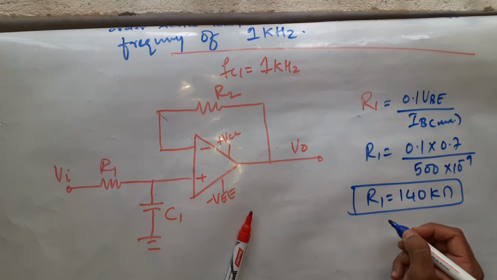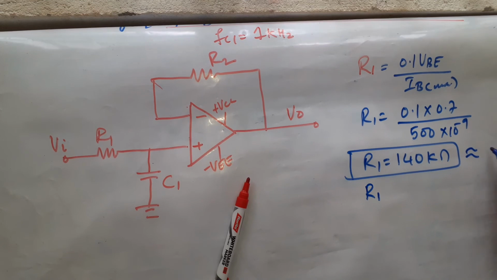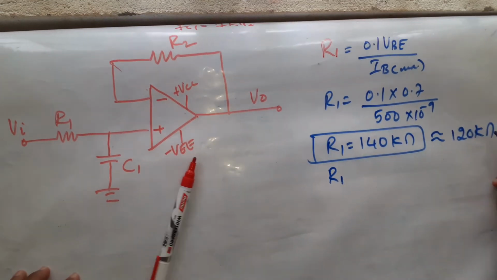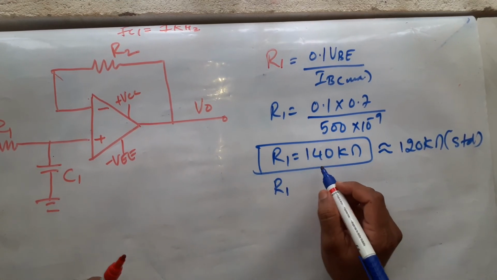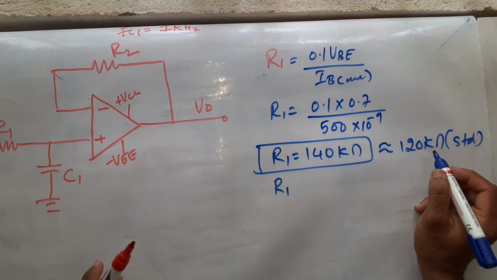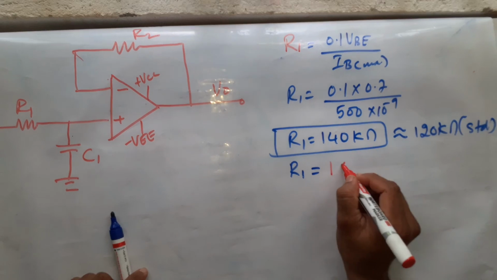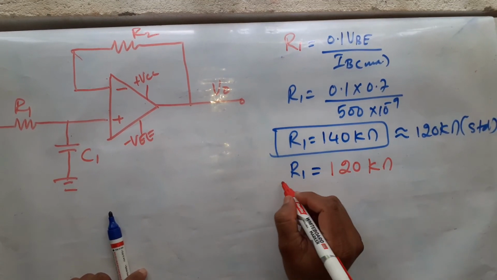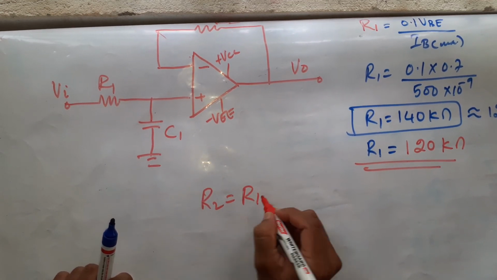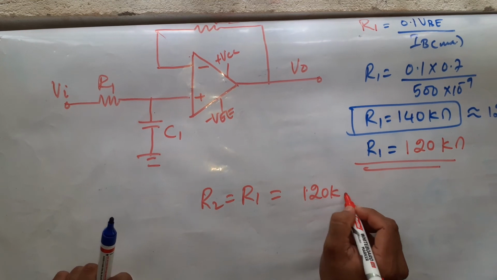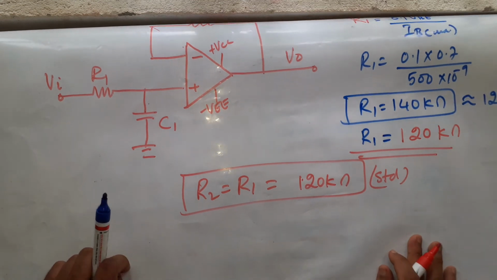But the standard is 120K. You don't have a 140K resistor available in the market. You only have 120K. Okay, the nearer is 120. So we take this as 120 kilo ohm as final. Therefore, R2 is equal to R1, that is 120 kilo ohm as standard. You have to write this. Okay.